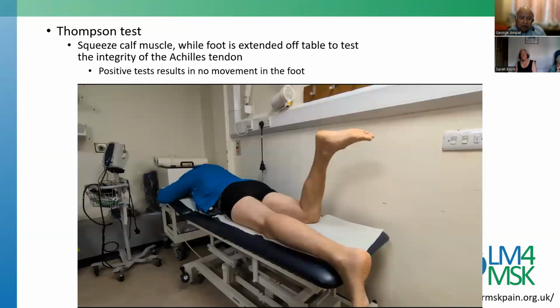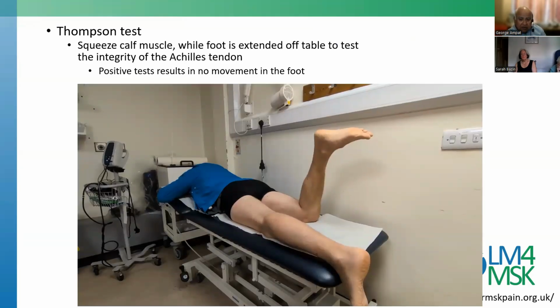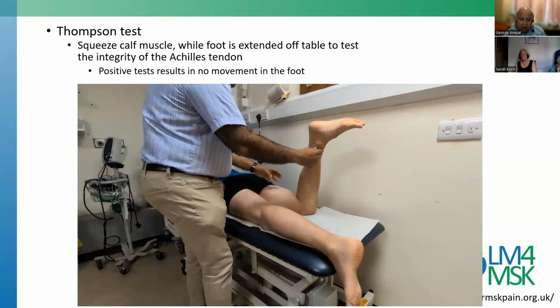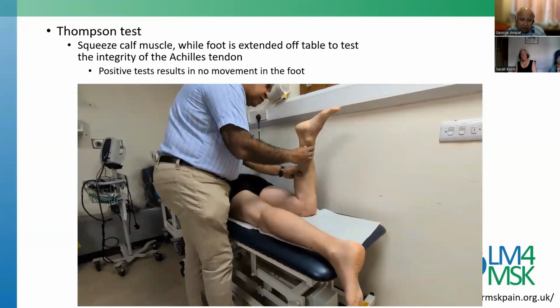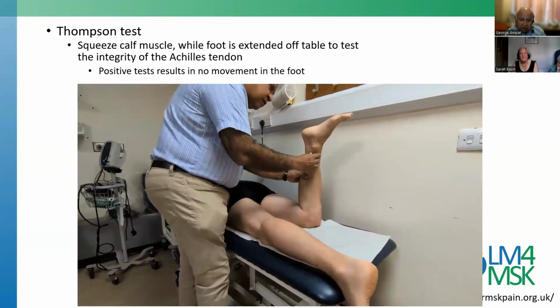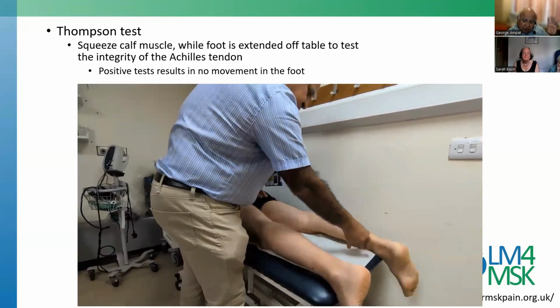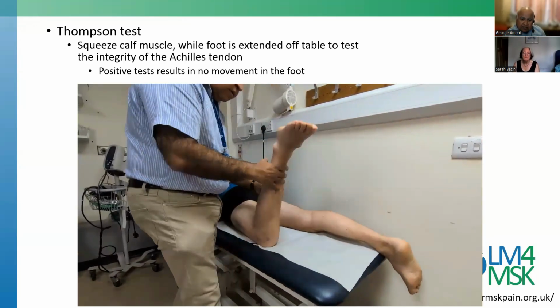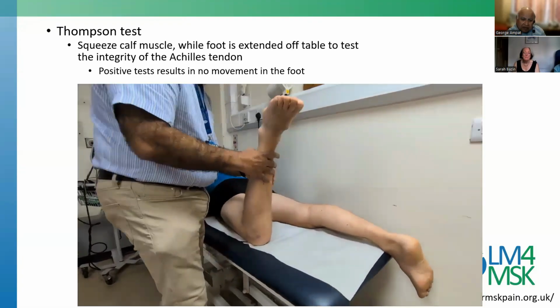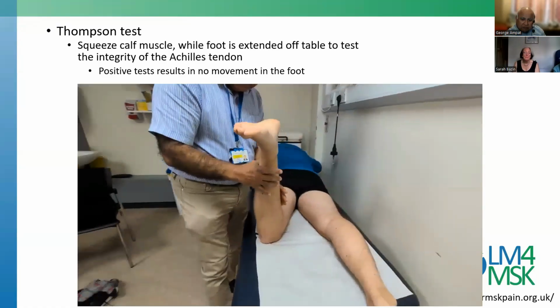How to identify if there is an Achilles tendon rupture, because sometimes it is missed. Now you see on that foot there is no rupture. When I'm squeezing the calf muscle, you can see the foot pointing downwards. Whereas on the ruptured side, though I'm pressing the calf, there's hardly any movement in the foot at all.